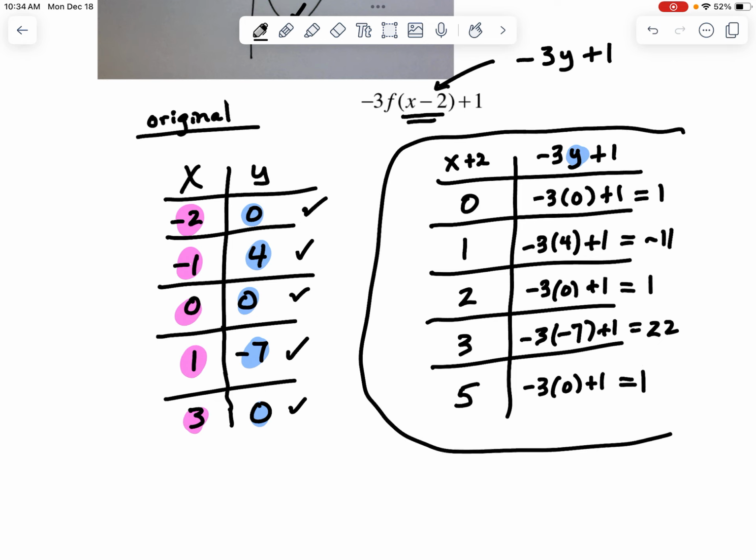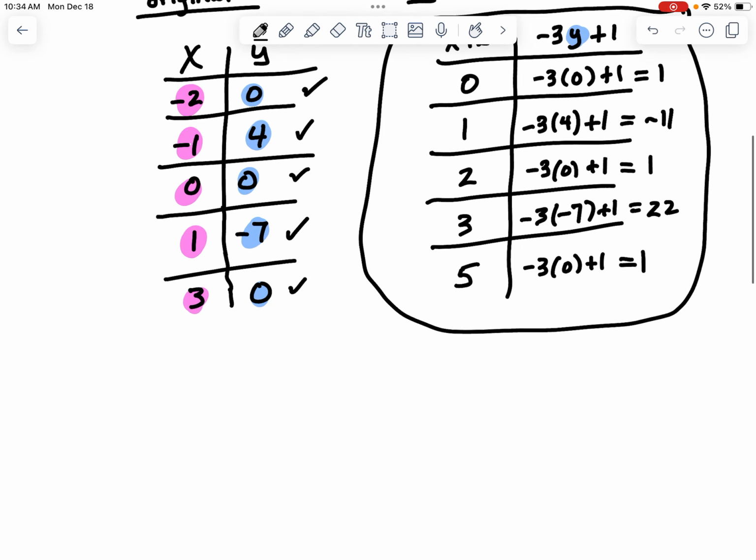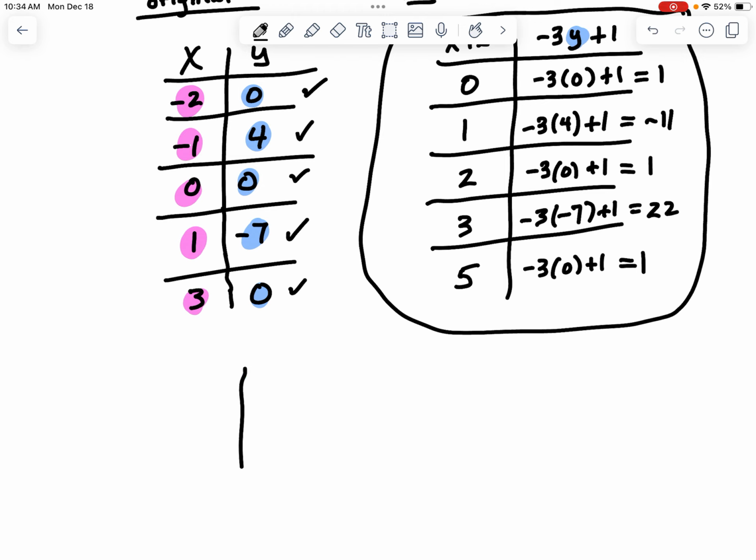And now take this table of values and make a graph. So for that, we have, hopefully I can fit it on here. We have x equals 0 is important, and also 1, and 2, and 3, skip 4, and 5.